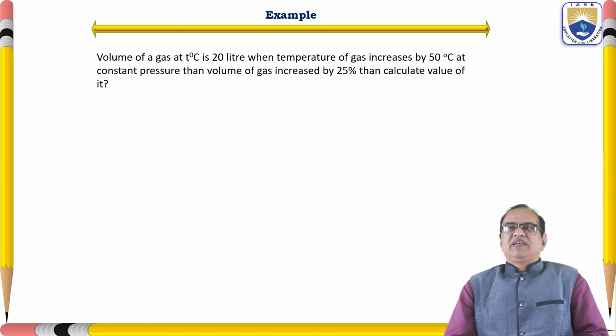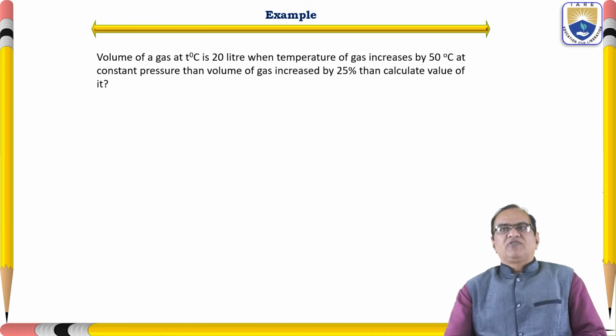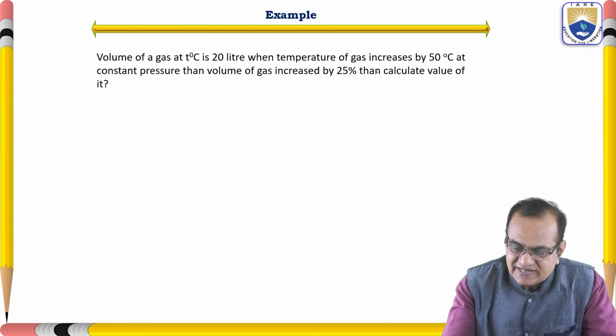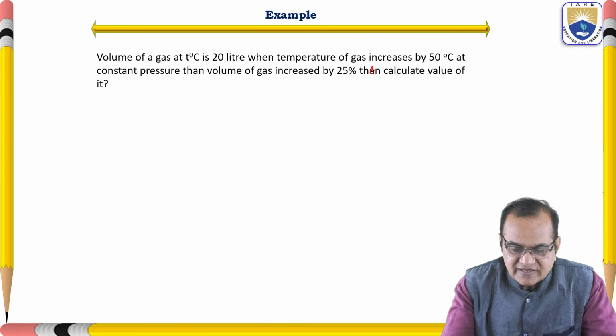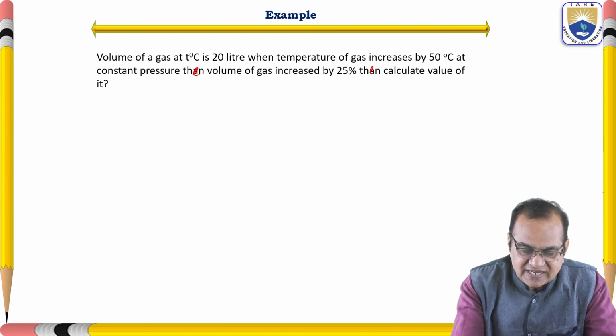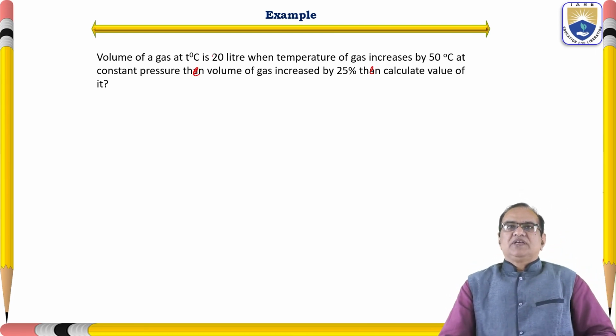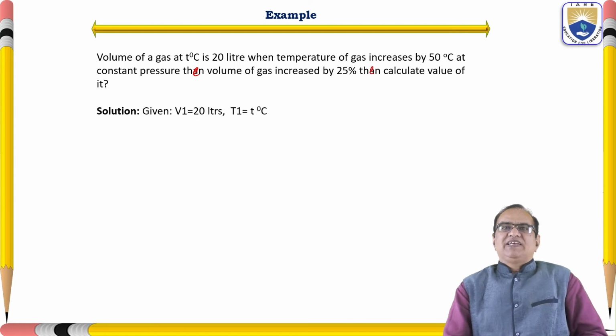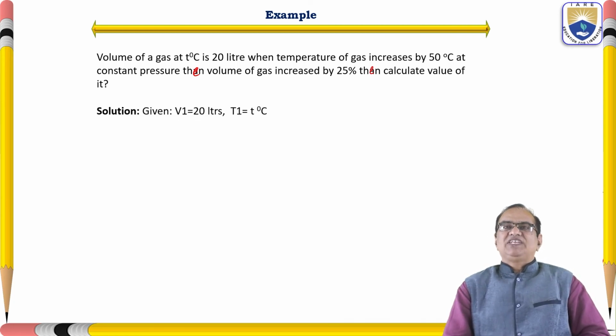Then calculate the value of T. Okay, so we have to see that here, given V1 is equal to 20 liters, T1 is equal to T degree centigrade.